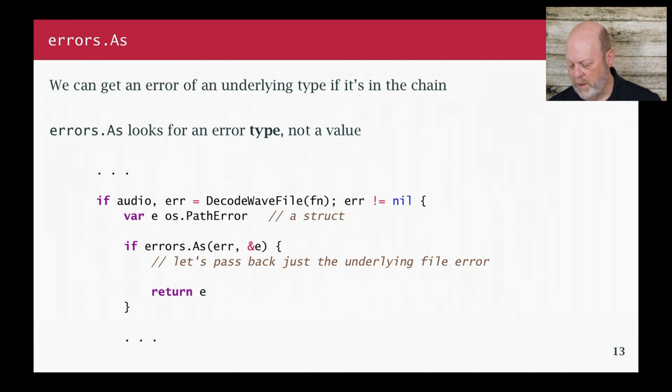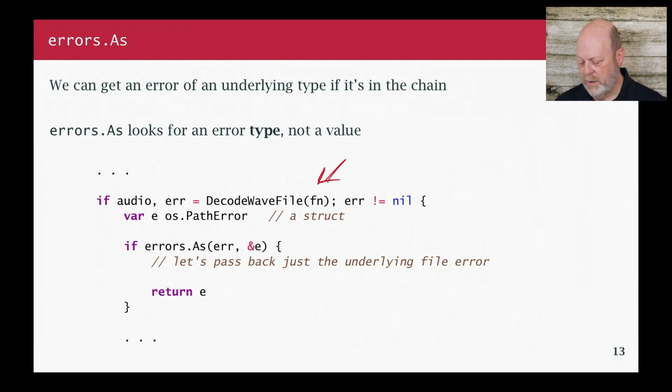So if I look again at my decode wave file, it may return an error because it couldn't open the file. And I said os.open is going to return a path error. And the path error might wrap something else, but let's not go there. Path error in this case is not a variable. Path error is a type. If we go look at os.PathError, it's a structure, which has, among other things, the file name or the full file path and the underlying error.